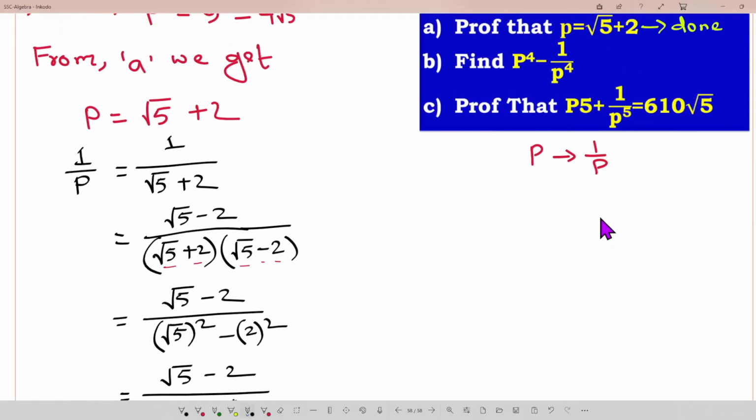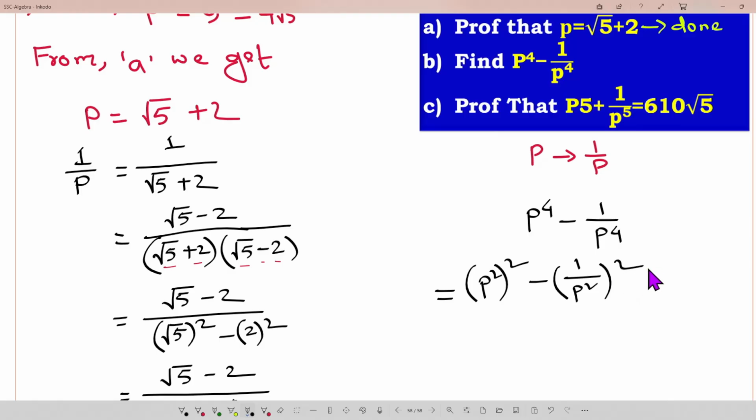Look, p to the power 4 minus 1 by p to the power 4 looks like p² minus 1 by p². It means p² plus 1 by p², and then p² minus 1 by p², right?